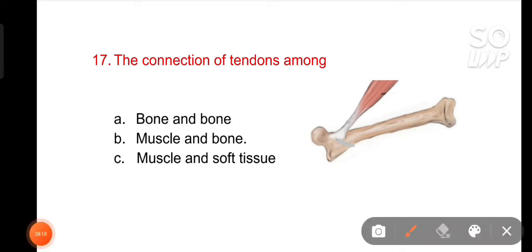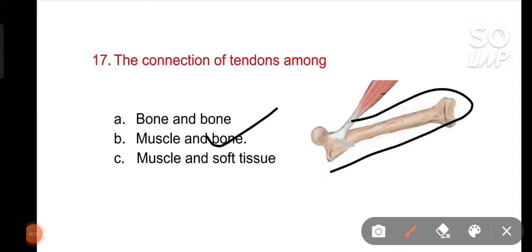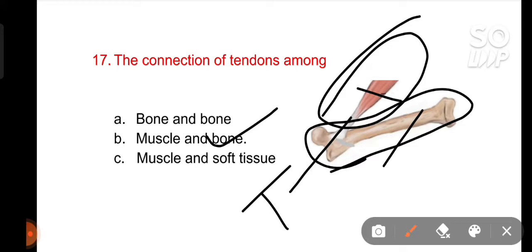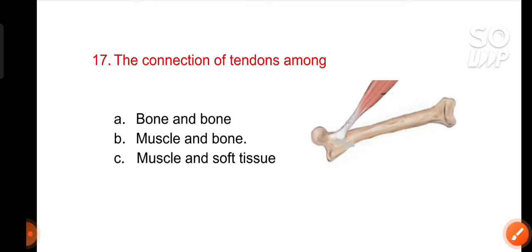The right answer is muscle and bone. So here you can see the bone and here is the muscle. So the connection between the muscle and bone is by the tendons. Okay, the tendon is the tough structure which connects the muscle and the bone.